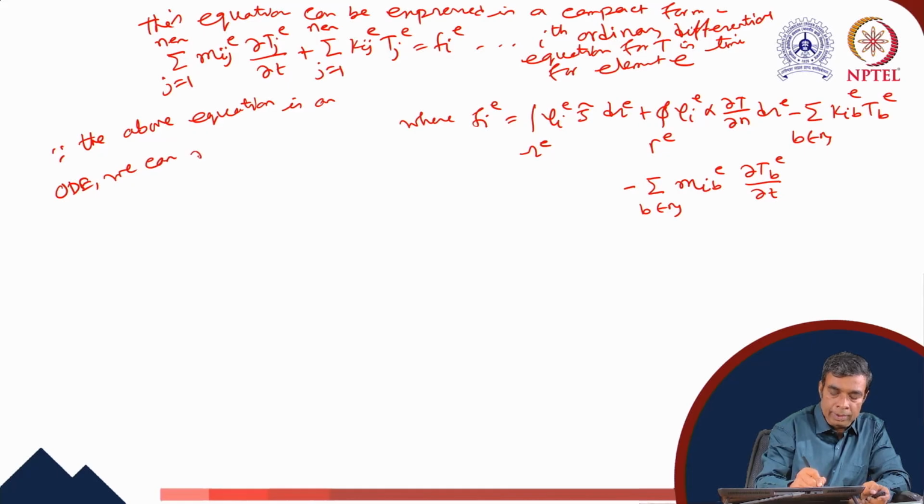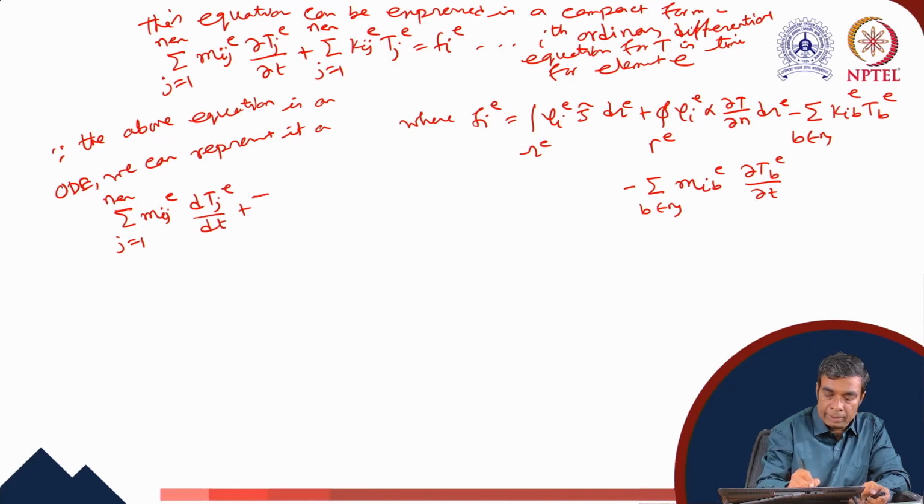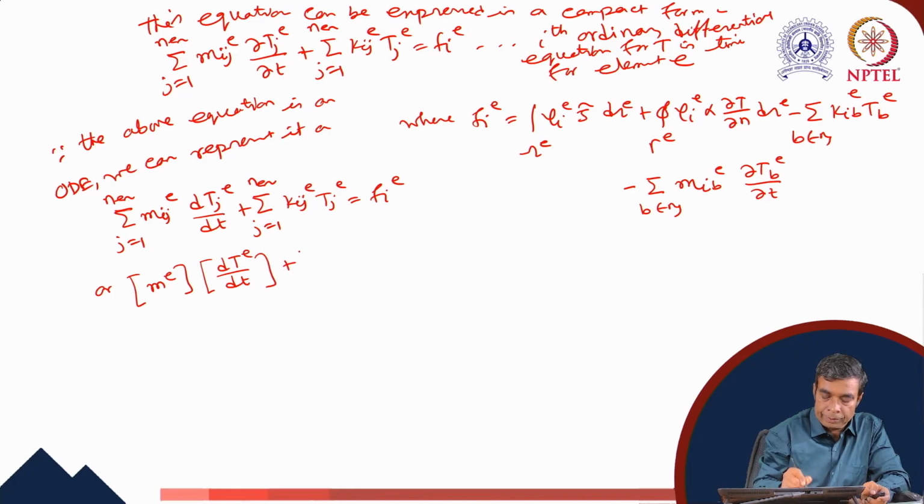we can represent it as summation over j equals 1 to nen of M_ij dT_j^e/dt plus summation over j equals 1 to nen of K_ij T_j^e equals F_i^e, or in matrix form we can write it as M^e dT^e/dt plus K^e T equals F^e.